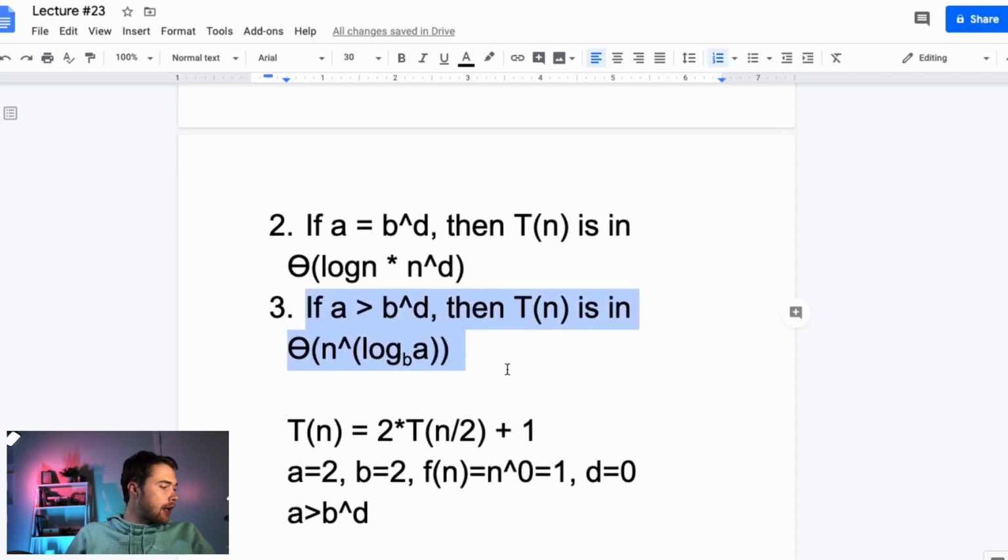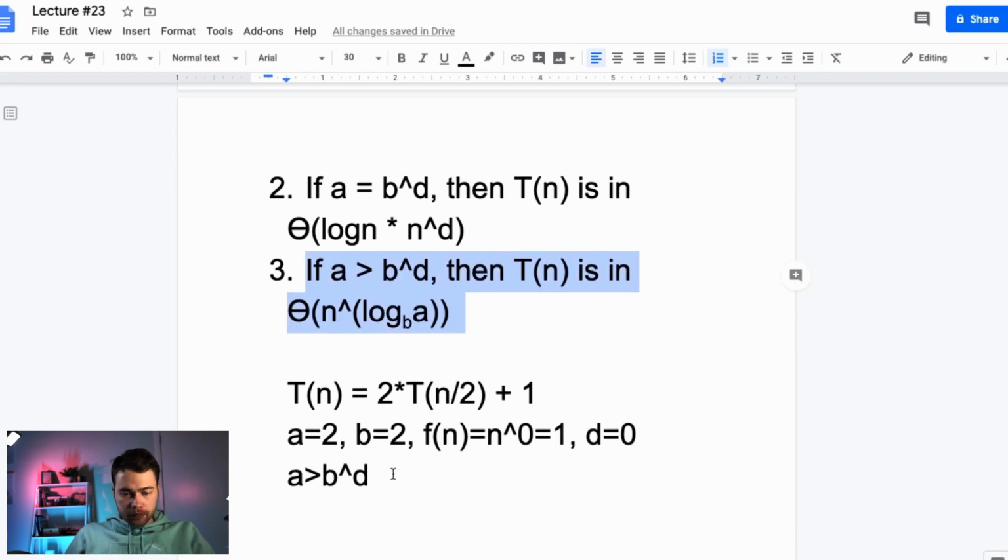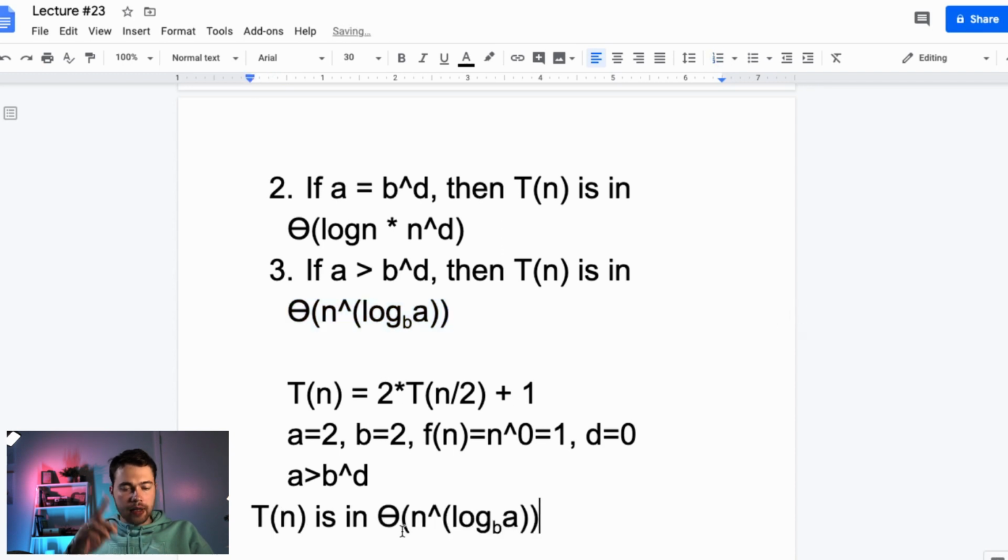In this case, we can say that T of n is in big theta of n to the power of log a base b. What's our a? Our a is 2. What's our b?